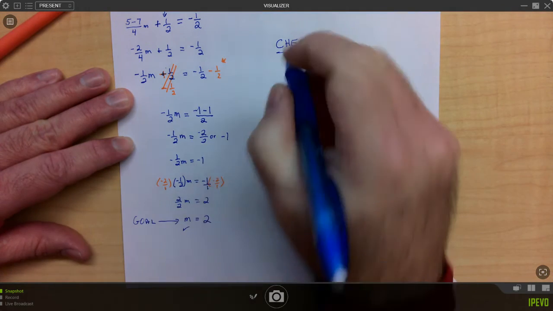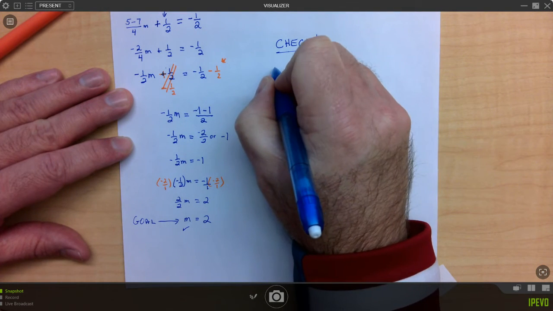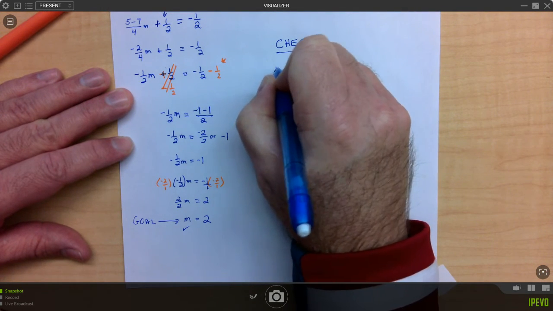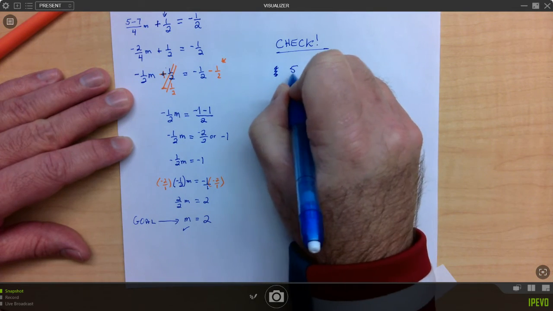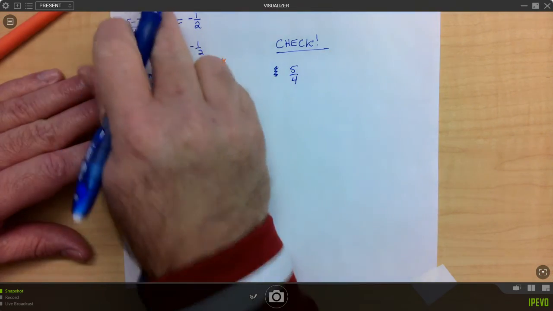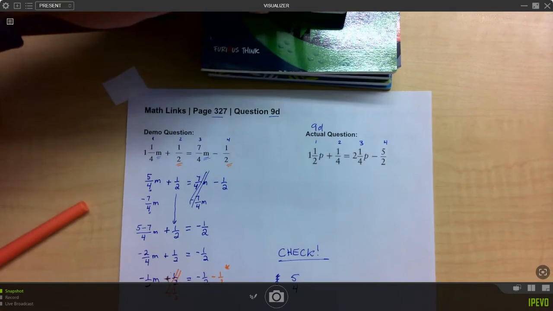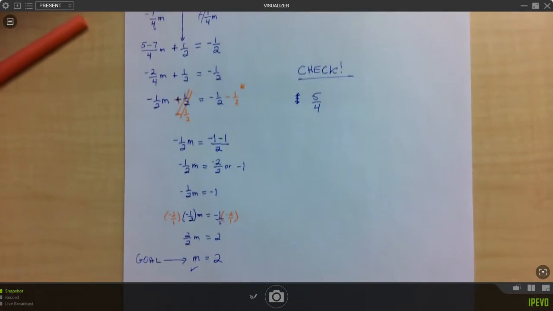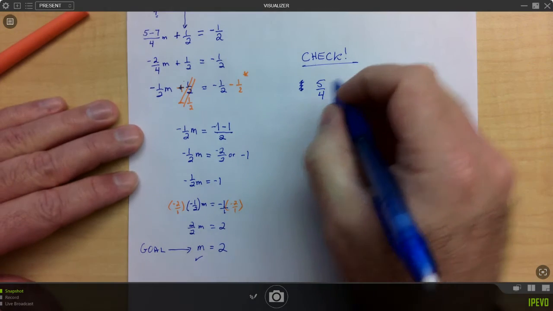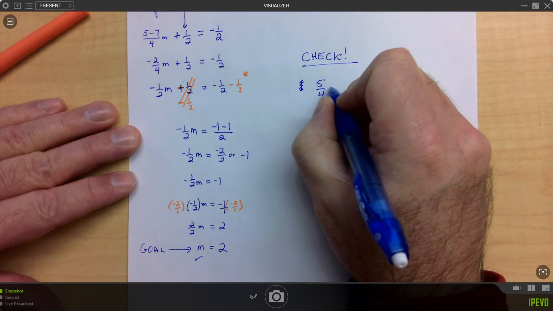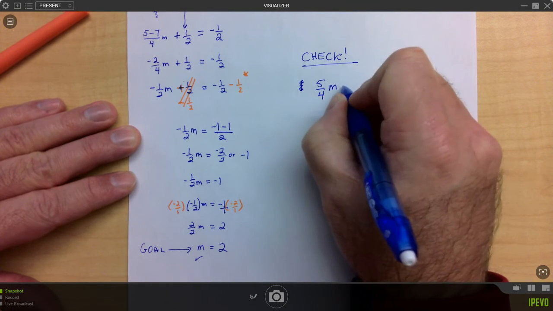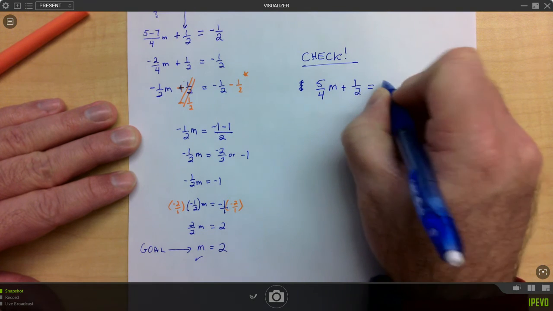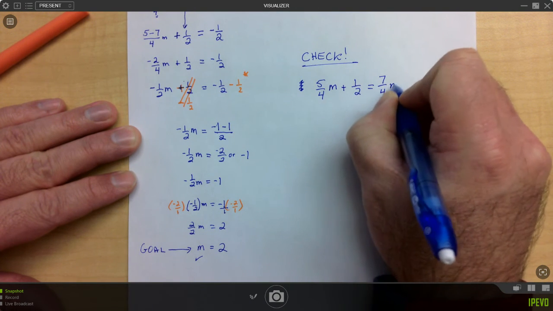Okay? Let's check it. So take the original equation. You know what? I'm going to just start with 5/4. Okay? The original question said 1 1/4, but I'm going to go ahead and just put 5/4. Okay, 5/4 m plus 1/2 equals 7/4 m minus 1/2.